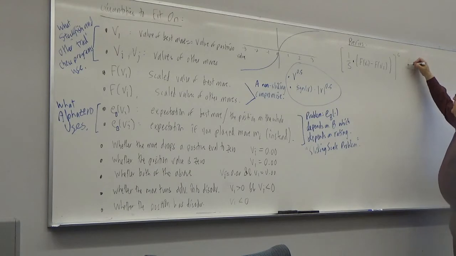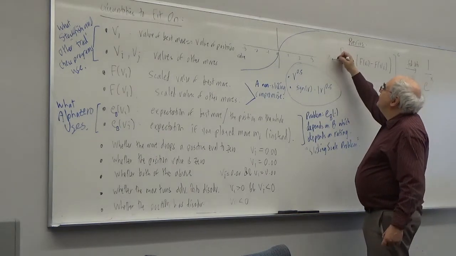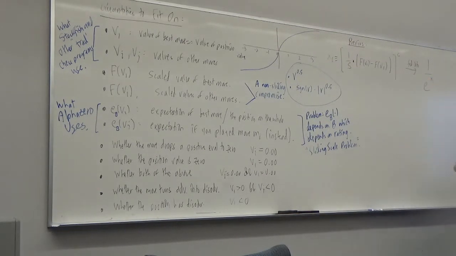And this was fed into 1 over e to the x, I'll say. Okay. So this is xi, which I'm defining to be that, was fed into the inverse exponential curve.